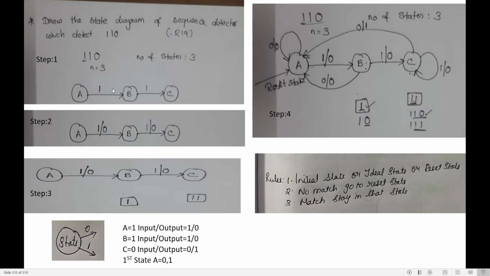Till then output will be 0. Since it has detected only 1, the output is 0. Since in this place it has detected 1 and 1, the output is 0. The output will be 1 only if it detects 1, 1, 0.